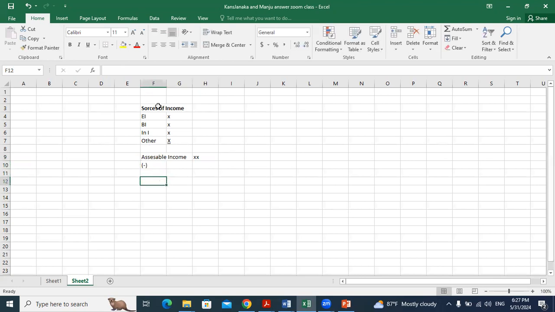Say, let's say this is an individual. This particular tax computation should necessarily be of an individual.